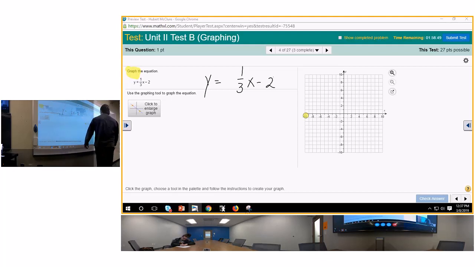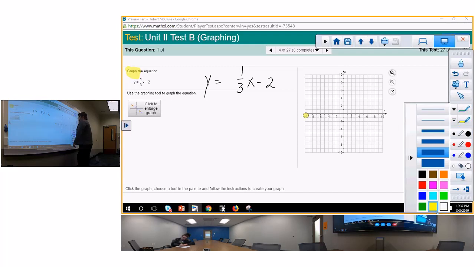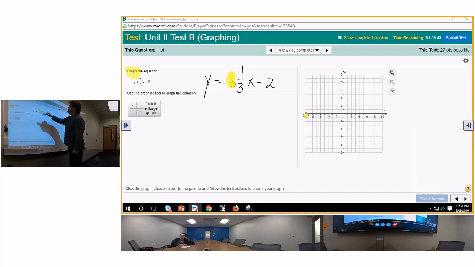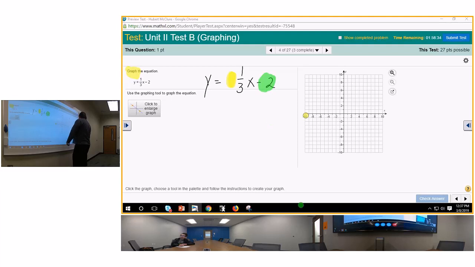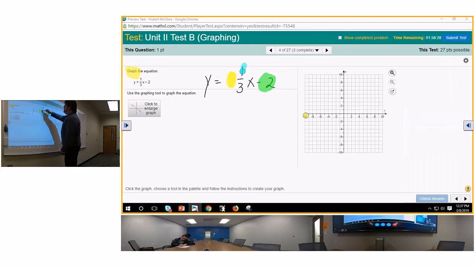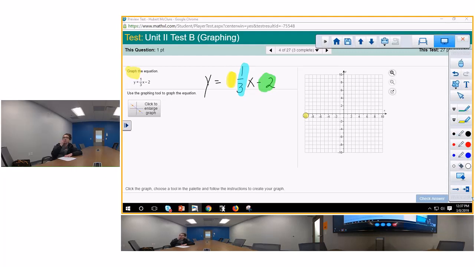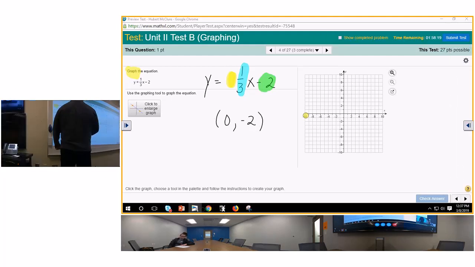Now I get my handy dandy colors out because I don't have posters. So there's the sign of the slope. There's the y-intercept. And there is vertical over horizontal. Okay, so 0, -2, that's your y-intercept.